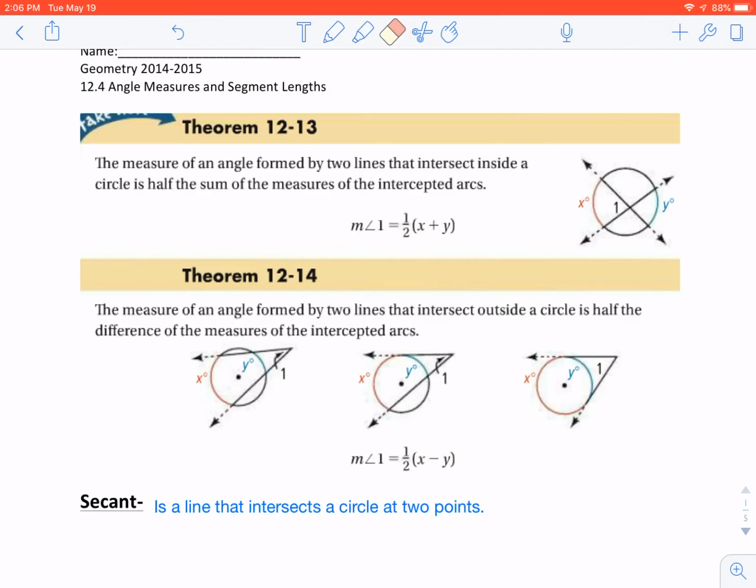It is a plus sign when the intersection occurs inside of the circle. So if you have two lines that cross anywhere inside the circle, you're going to add the arc measurements together. And if the intersection, as you see illustrated here, occurs outside of the circle, then you subtract y from x, or x minus y.